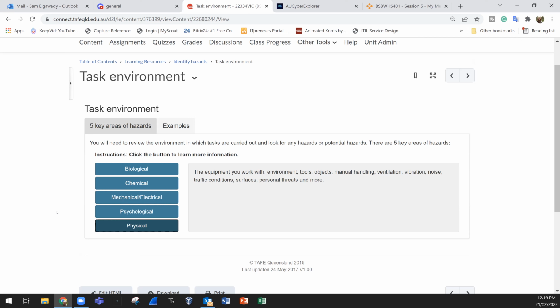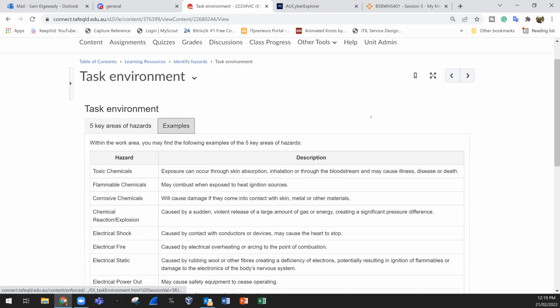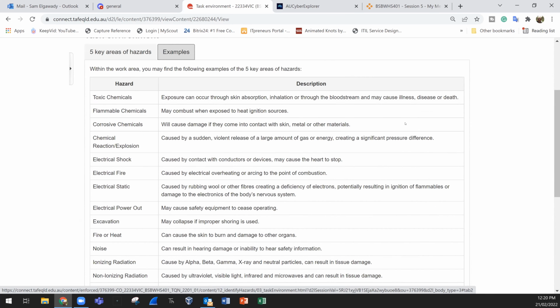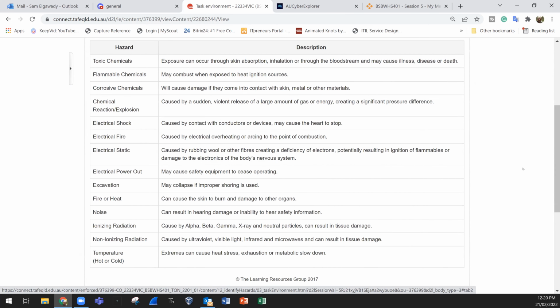Did that make sense? Yeah, we have some examples there. Good idea to read them. I gave lots of examples already. Fire, heat, excavation, power out, static, electrical static, some fire, some shocks, some chemical reactions, temperature, hot or cold, much noise.